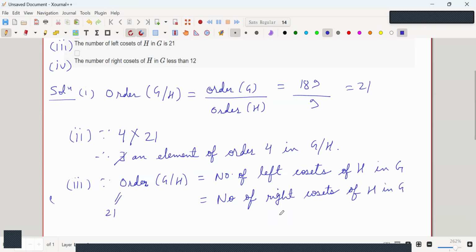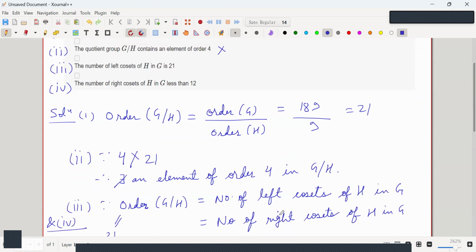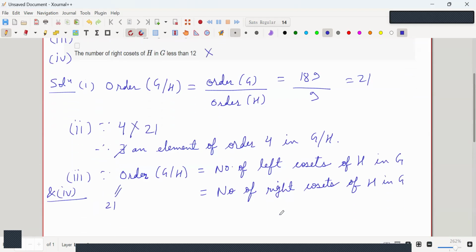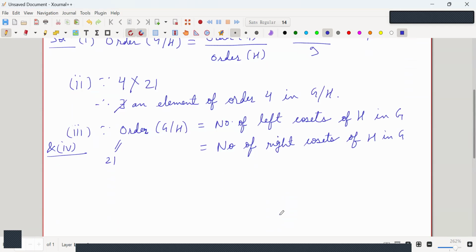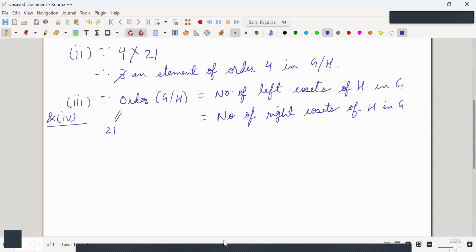So this is not just the third, but we are also solving the fourth part. The third is correct, but the fourth is not correct. Okay, so it is clear. We can move to the next part.